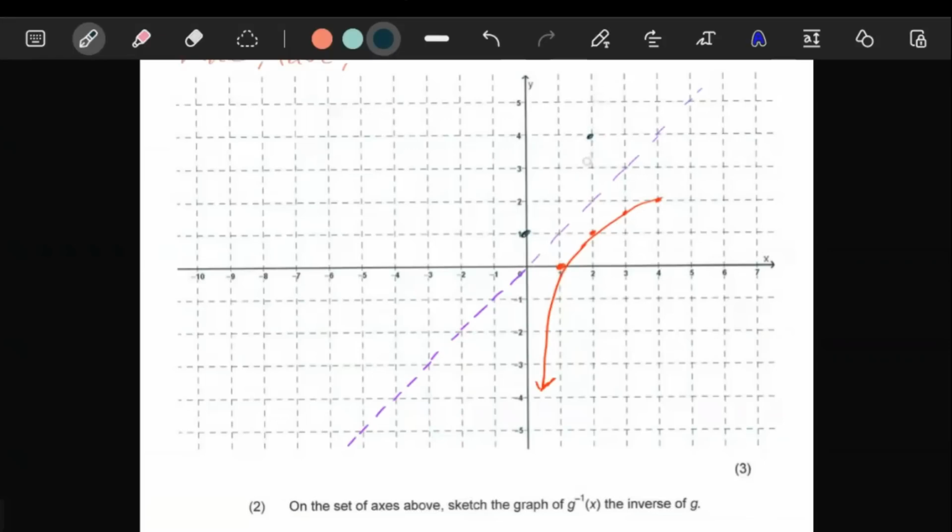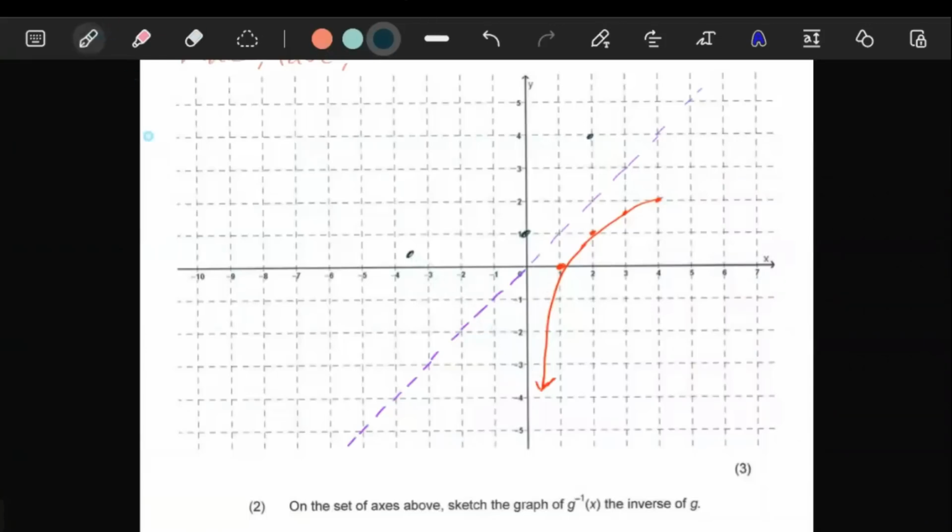Now the idea is, if your curve here looks like this, this point here is going to be somewhere here. This point here is going to be somewhere over there, because it has to be a mirror image of each other. So the distance here has to be the same as the distance there.